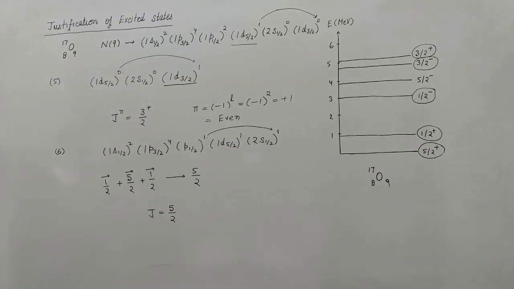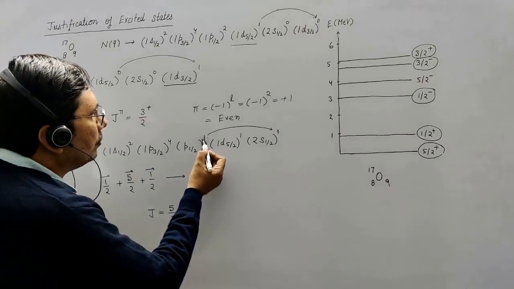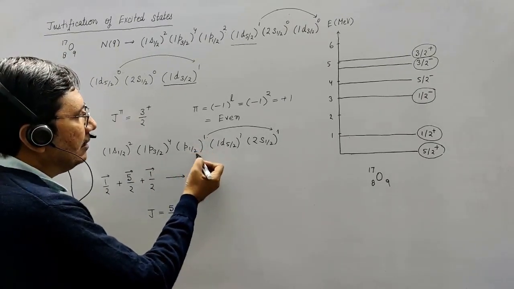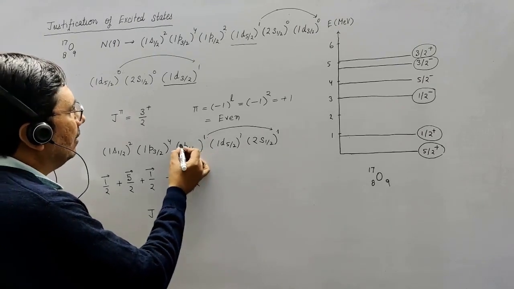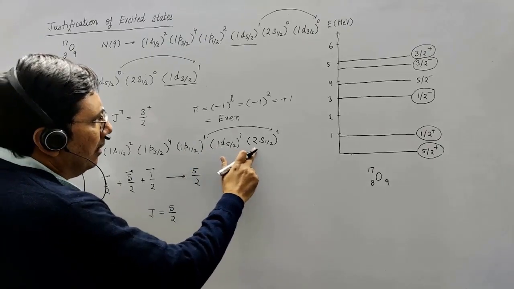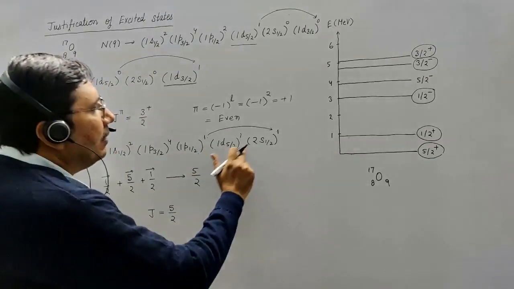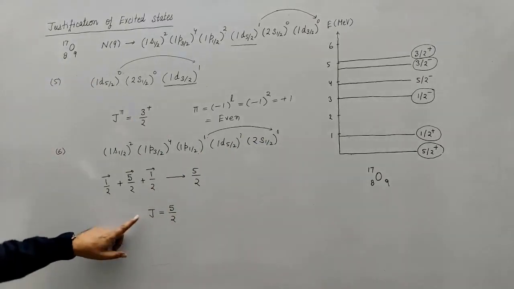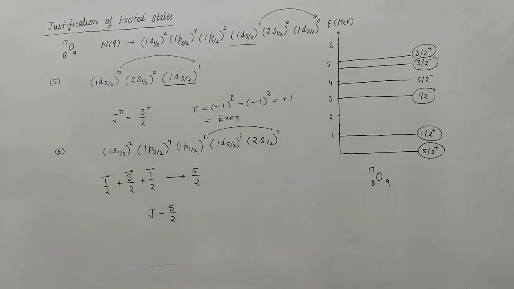If you have two neutrons in the same subcell, then those two neutrons will be equivalent. But here, one is present in the 1p 1 by 2 subcell and another is present in 1d 5 by 2. They are present in different subcells, so they are not equivalent neutrons. So the J value is 5 by 2 here.